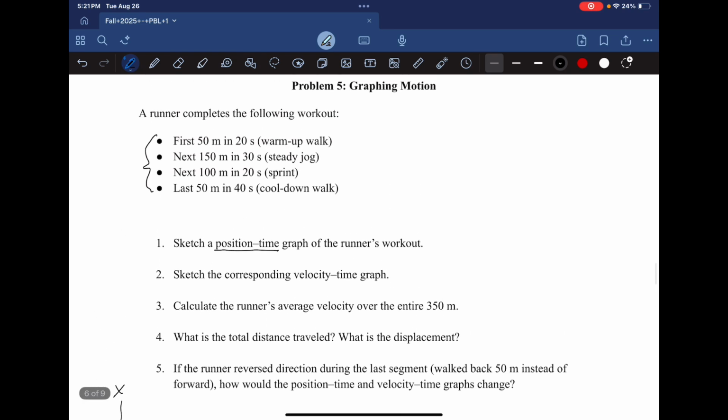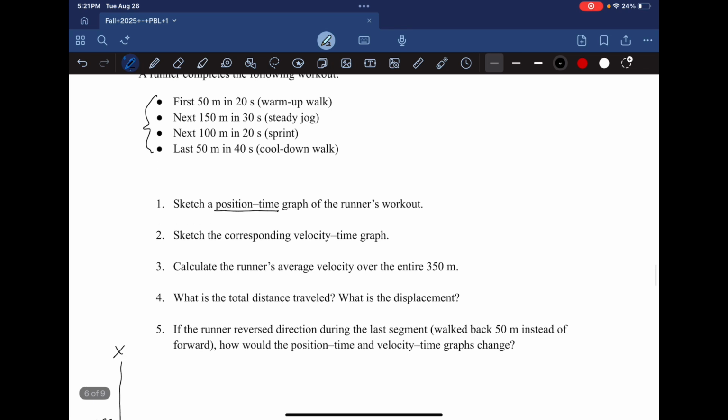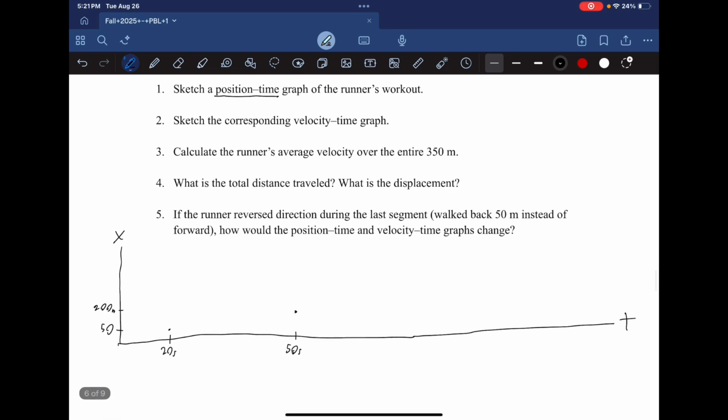Next, he moves another 100 meters in 20 seconds, so he's sprinting. So 20 seconds from 50 is going to be 70 seconds, and he moves another 100 meters, so we'll put that here at 300 meters. So that's like right here.